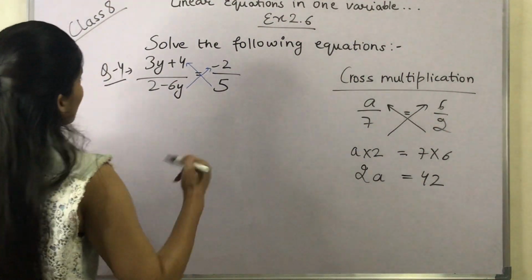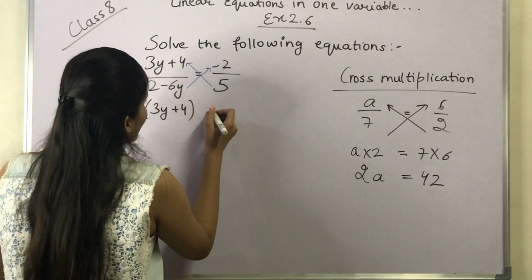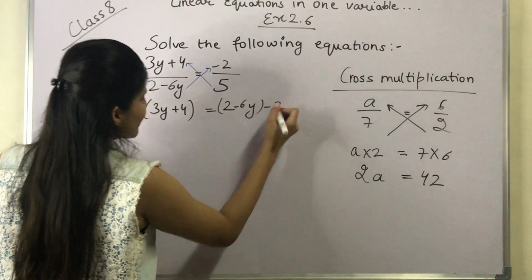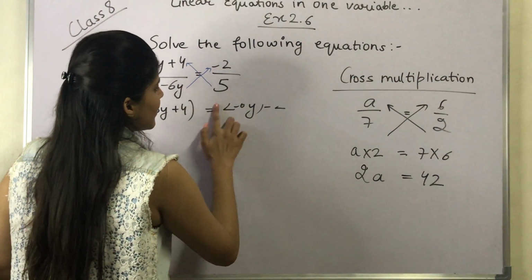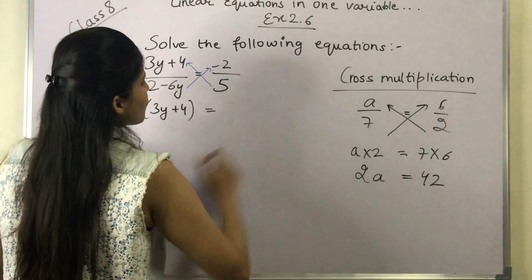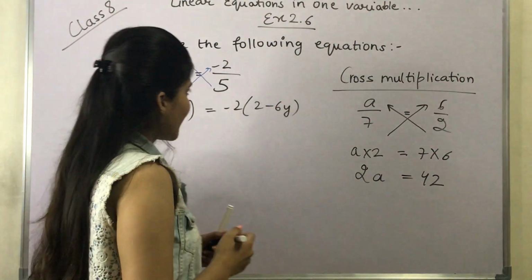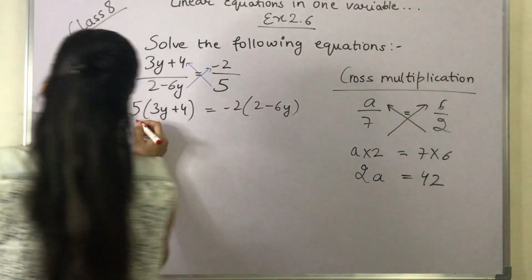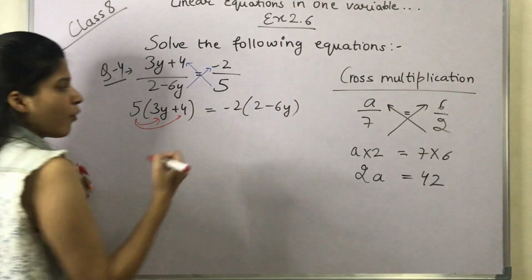Now 5 into 3y plus 4 equals 2 minus 6y into minus 2, or we can write minus 2 into 2 minus 6y. Okay, so now we will multiply 5 by 3y first, then 5 by 4.